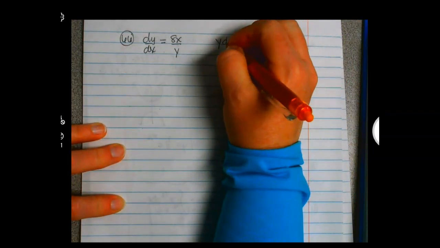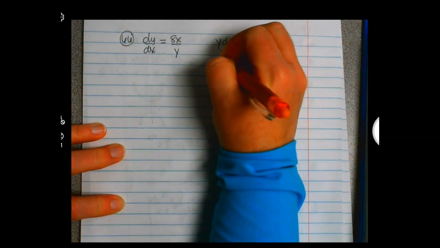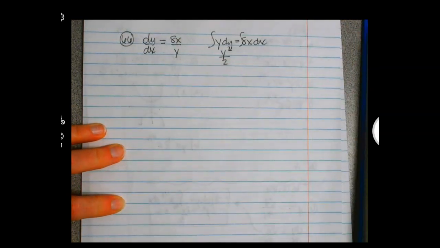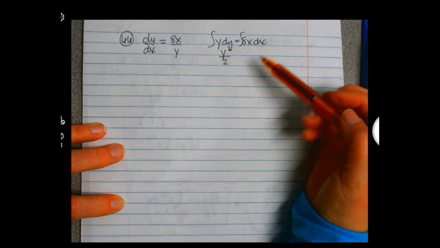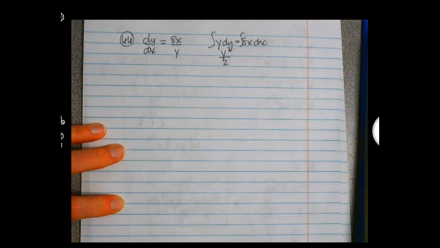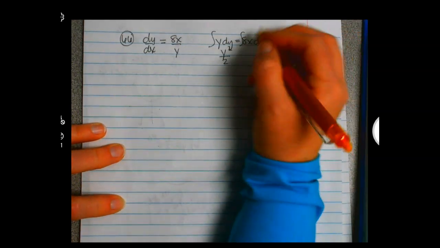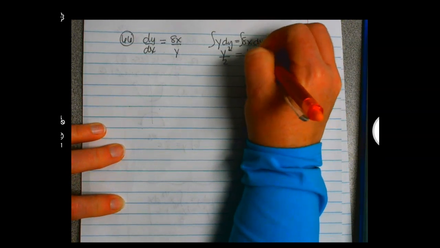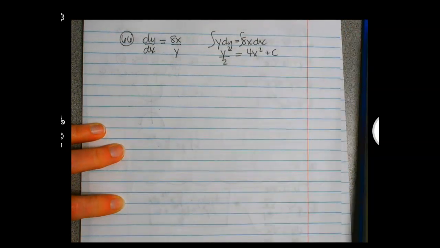So we've got y squared over 2, right? I didn't write my integral, and you don't have to. You can go from one step to the next as long as you know what you did. Just like we didn't used to write plus 2 to both sides. I could have gone on without writing that in there. This would be 8x squared over 2, so 4x squared plus c.